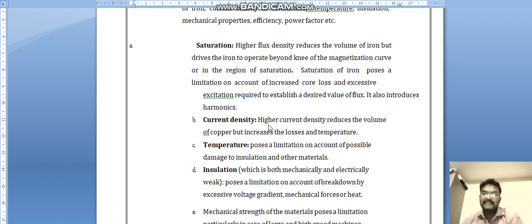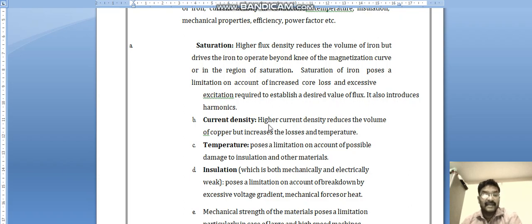Suppose we are generating a voltage of 13 kilovolt. There the insulation should be capable of withstanding the particular voltage. If it does not withstand that, the insulation breaks. When the insulation breaks, the current takes the short, low-resistance path.